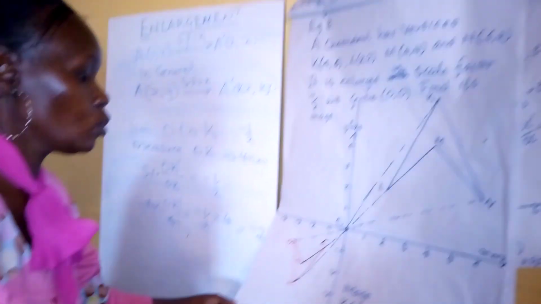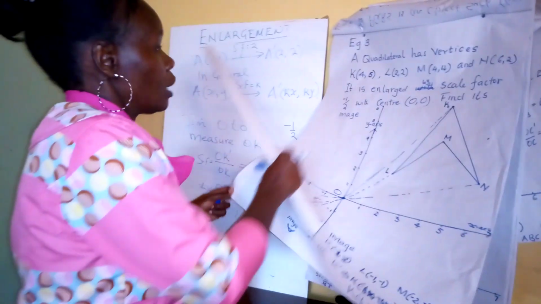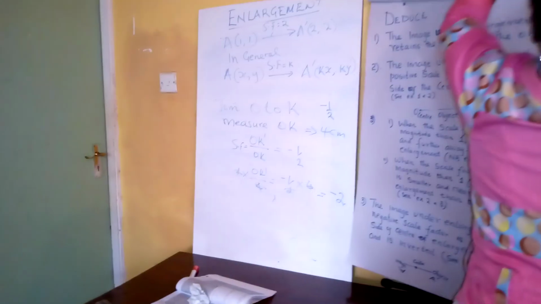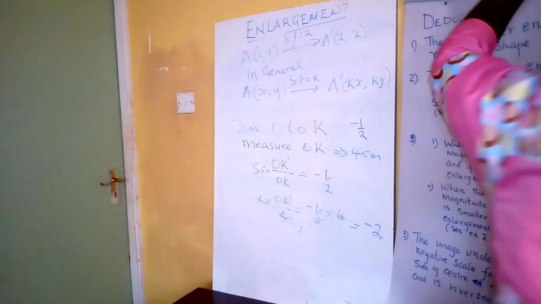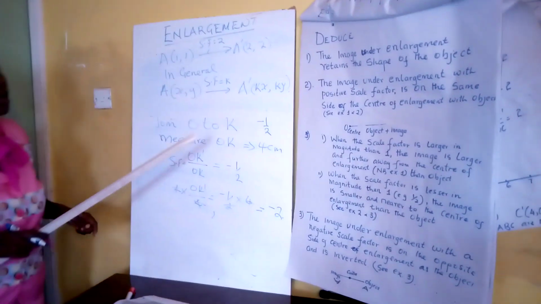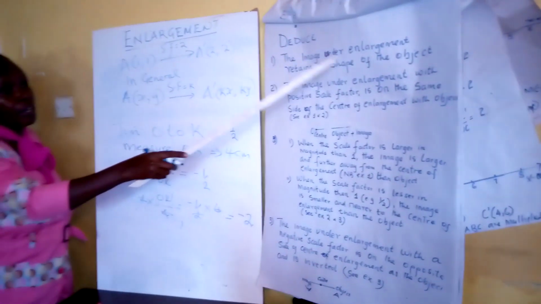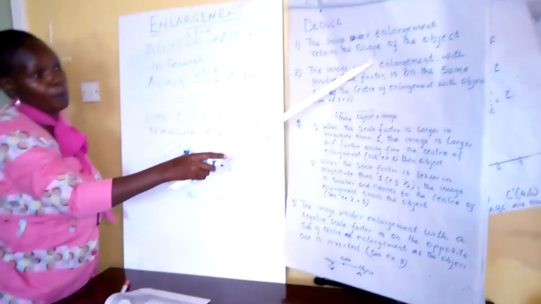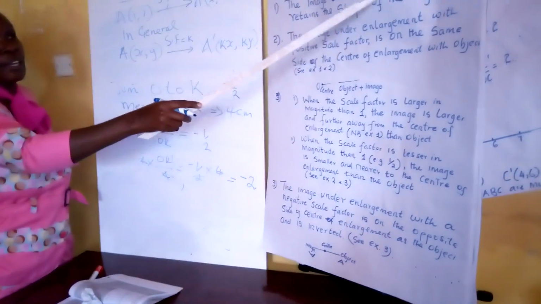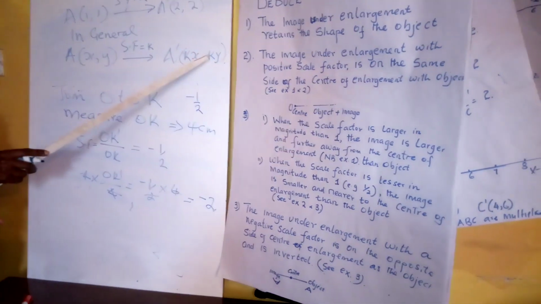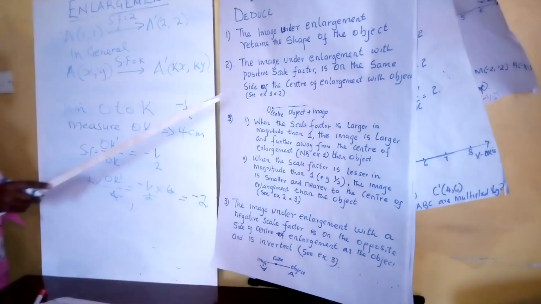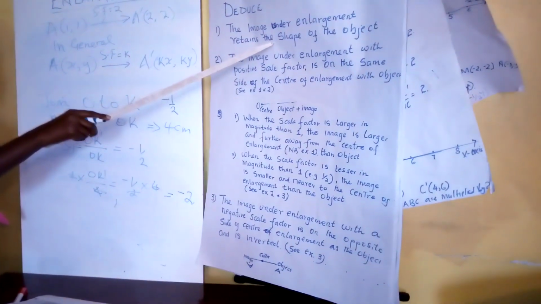I want us now to do the deductions. From the 3 examples that we have, what can we deduce? Number 1, that the image at the enlargement retains the shape of the object. Remember, we said enlargement changes the size. So it can increase or decrease the size, but the shape remains the same.